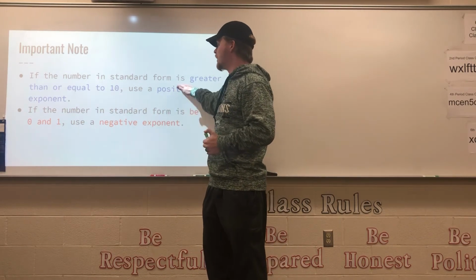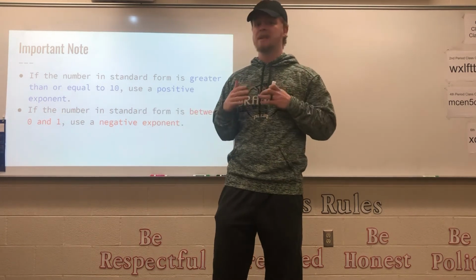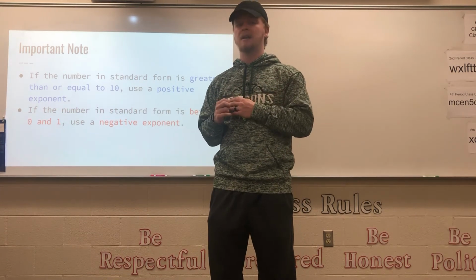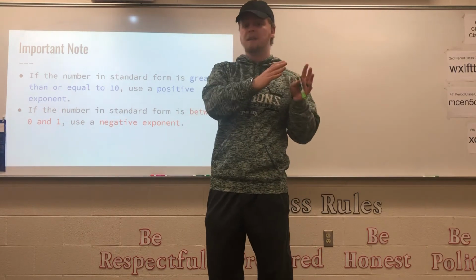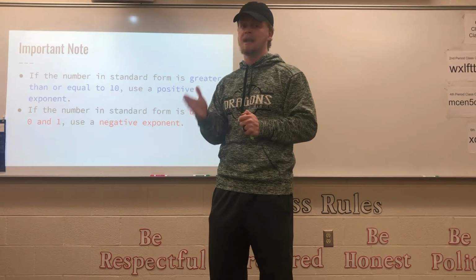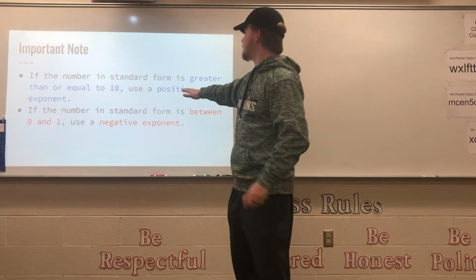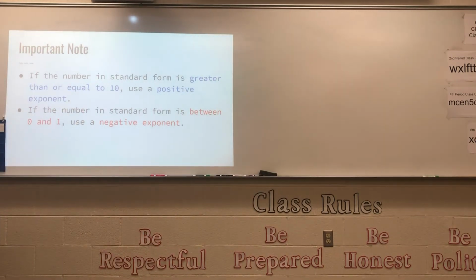That tells you whether to use a positive or negative exponent. On this, you cannot just base it off whether you're moving left or right, because it's actually going to be the opposite. Only when you're going from scientific to standard do you go by left or right. But when you're going the other way, standard to scientific, you have to pay attention to how big or small that number was. Okay, so let's look at an example.